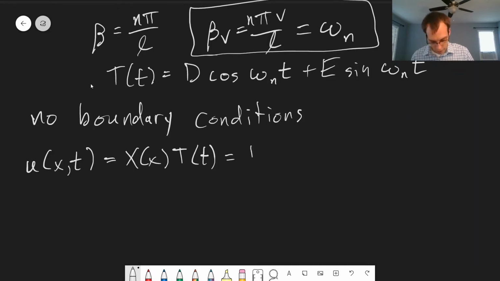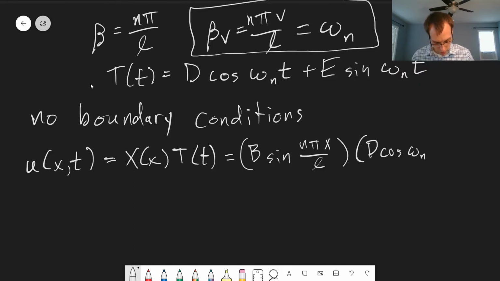We have our B sine n pi x over L. That's our X of x, and our T of t is what we have above. So this is D cosine omega n t plus E sine omega n t.